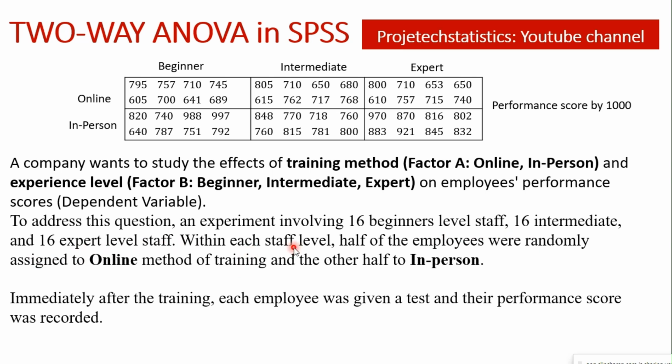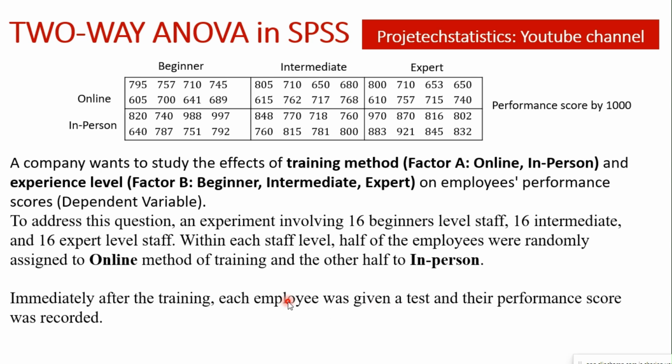Within each staff level, half of the employees were randomly assigned to the online training method and the other half assigned to the in-person training method. After the grouping, immediately after the training, each employee was given a test and their performance score was recorded.